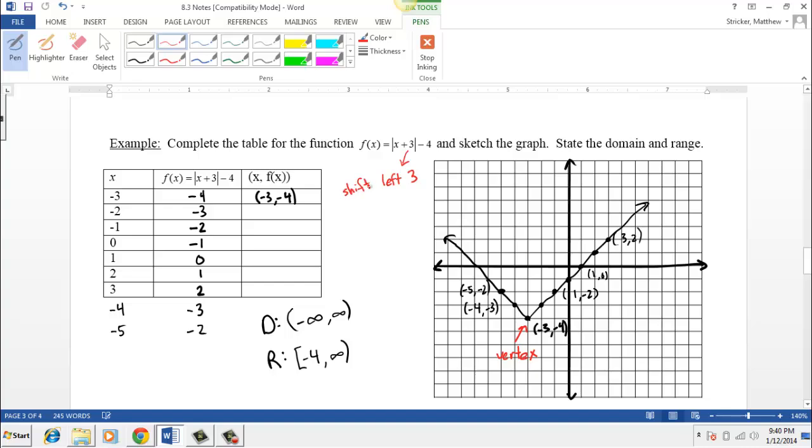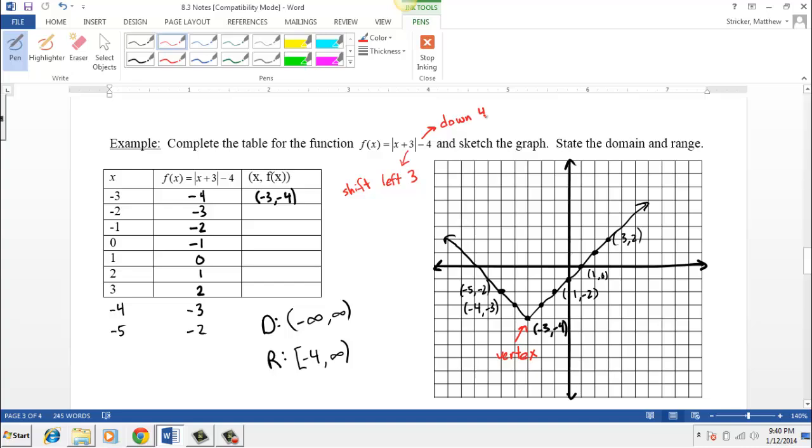You always have to kind of think about it in the opposite. Normally you think a positive is going to the right, but it turns out that with positive, we're going to go to the left here. And then the part that's outside the absolute value, this -4, gives us a shift down by 4.